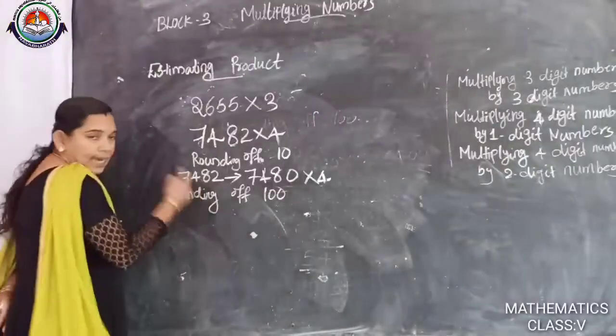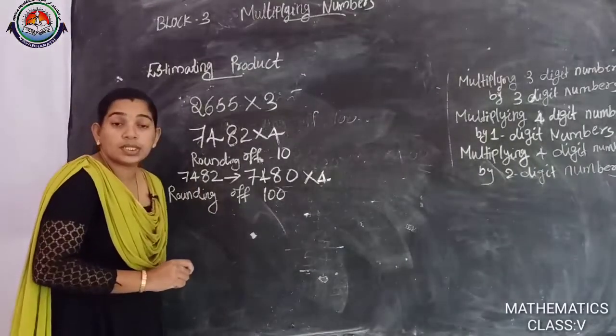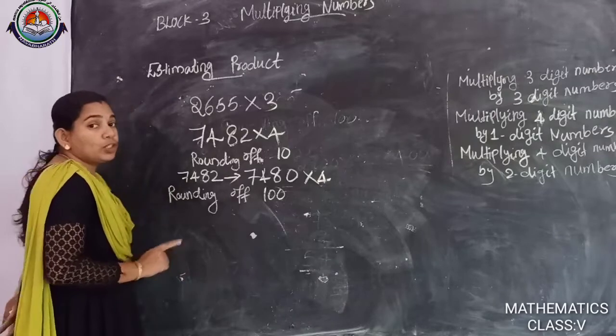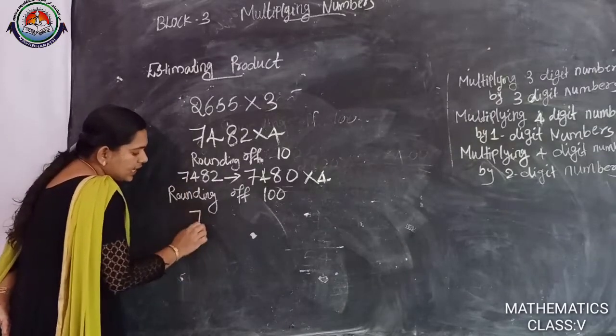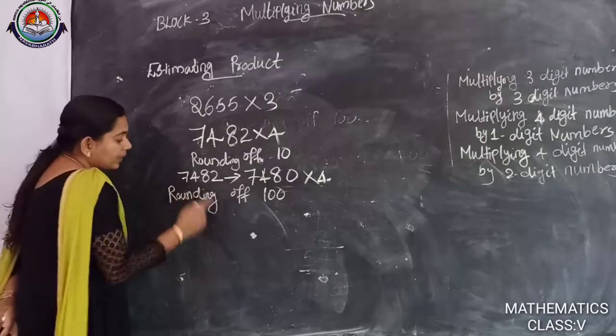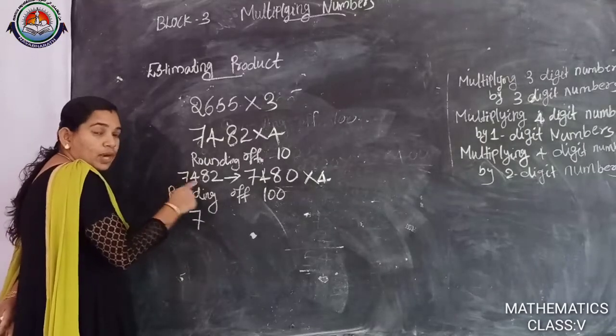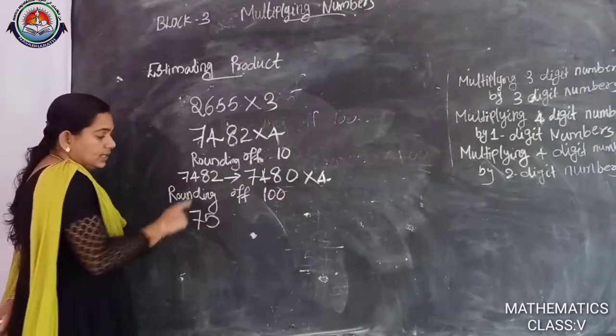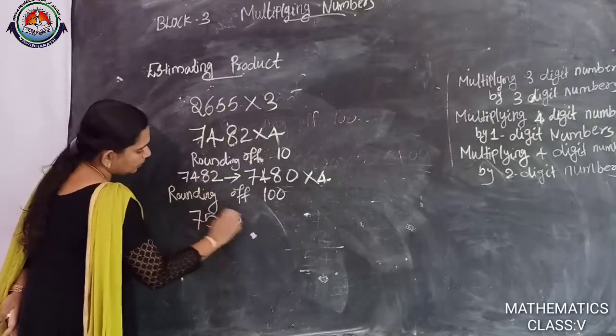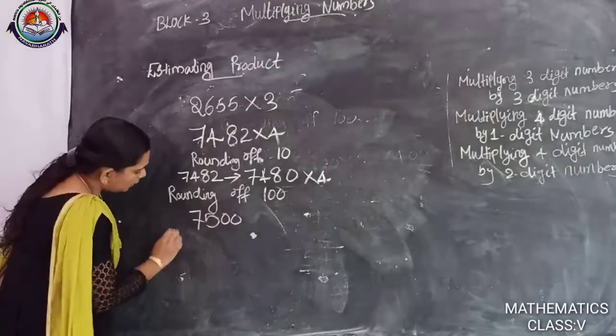Here the tens place is 8, so it's greater than 5. So we add 1 to the 100 place digit. The left side has no change, same digit 7. Instead of 4 we write 5. Then the remaining places are 0.